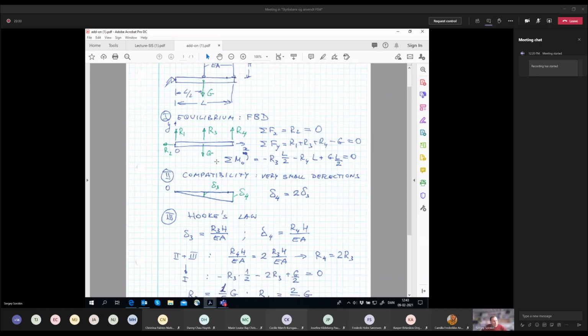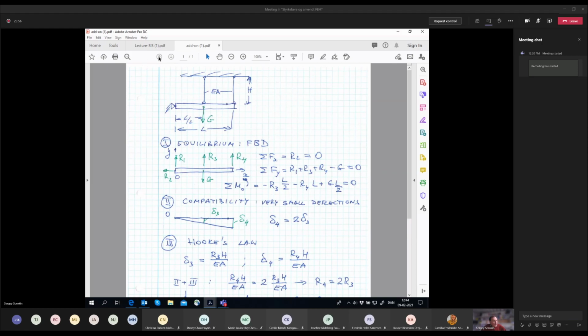Never mind. Now what is important is the compatibility condition. And this compatibility condition needs to be very, very clearly explained. The key to understand how this compatibility is formulated is that we assume that the deflections are very, very small. So in mechanics of materials, when we formulate equilibrium equations, we assume that the deflections are absolutely absent.